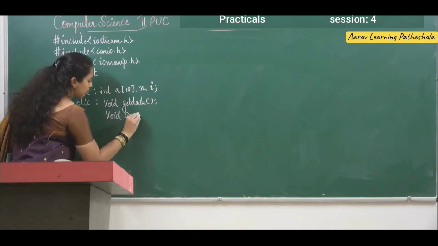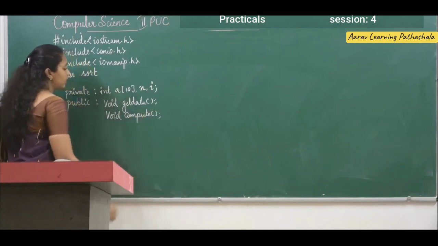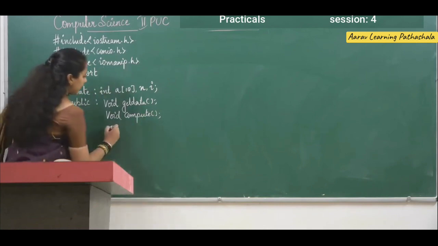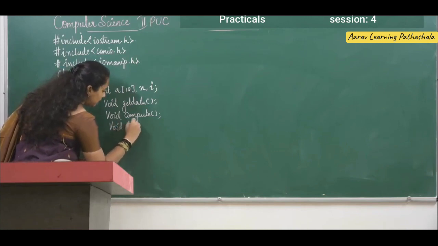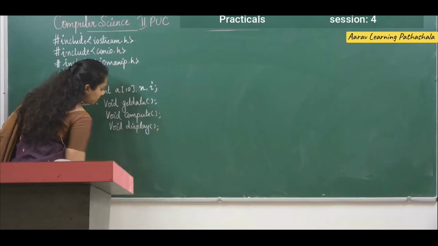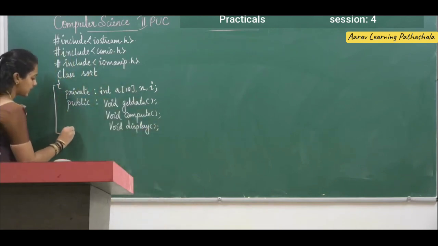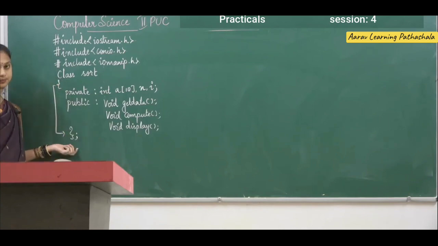In this compute function, we are going to write the required calculations. And in the display function, we are going to display the output. So I am going to close this class using a semicolon.